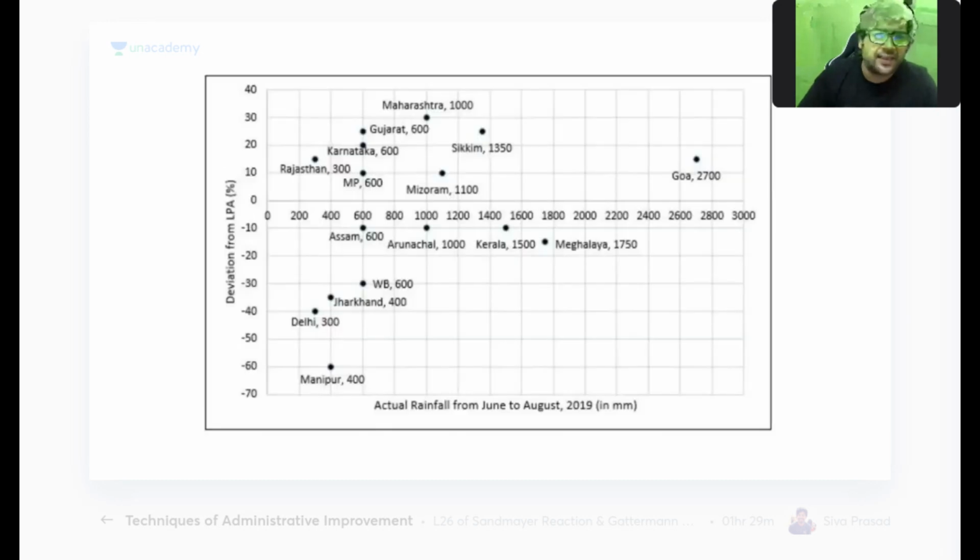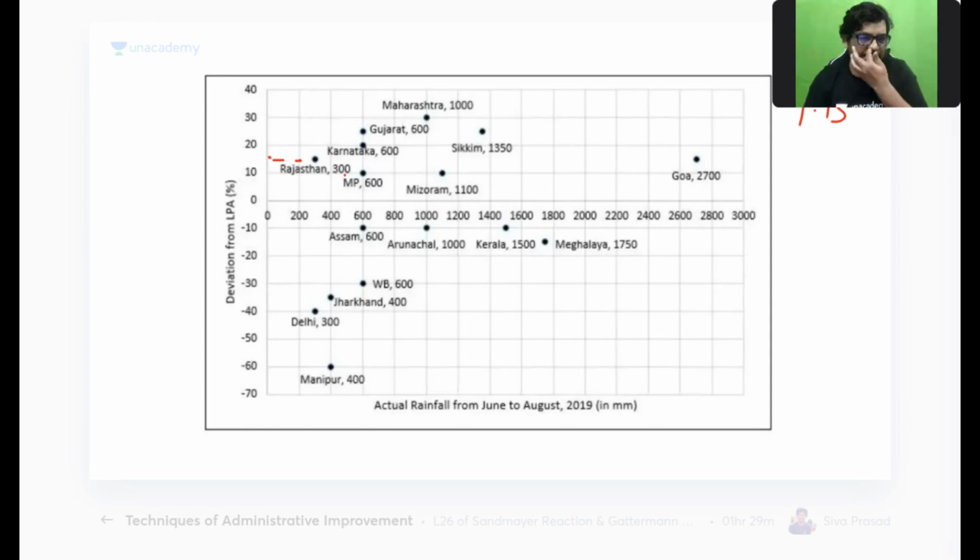Okay. So various figures are given. Say, for example, Rajasthan, this year rain is 300. And it is 15% above the average. So the long-term average for Rajasthan would have been 300 by 1.15. That is essentially how the data is given to us.